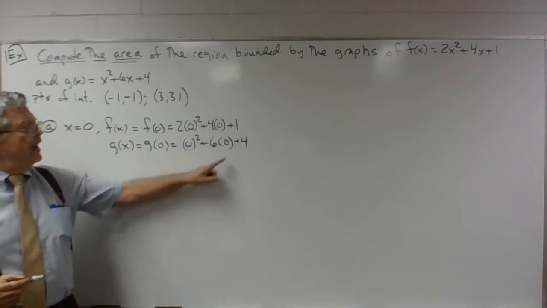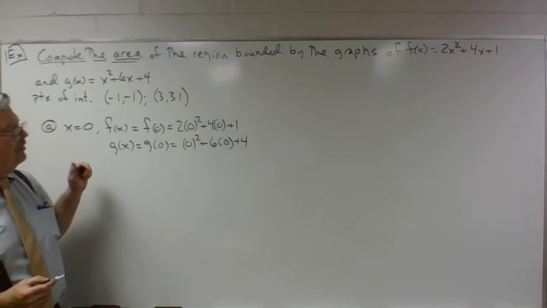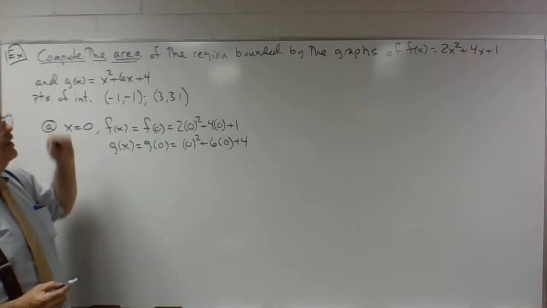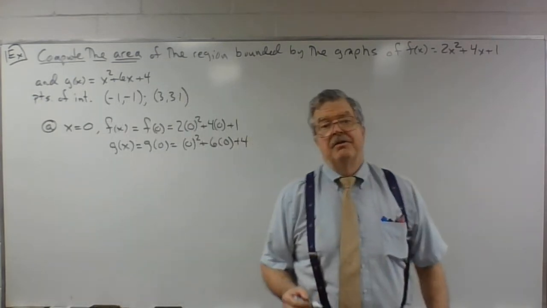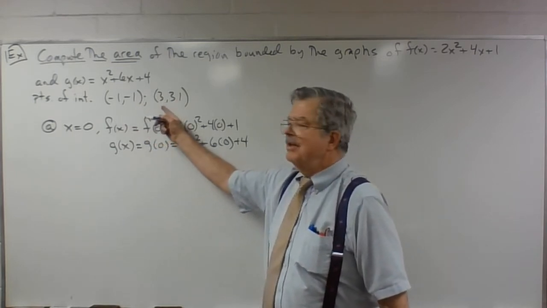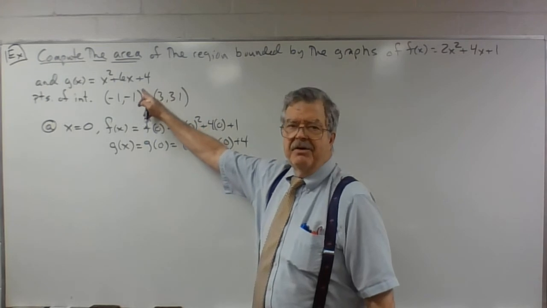Okay, we have the y-intercepts of these two graphs, and the y-intercept of G is greater than the y-intercept of F. So between x equal negative 1 and x equal negative 3, G of x is the greater function.